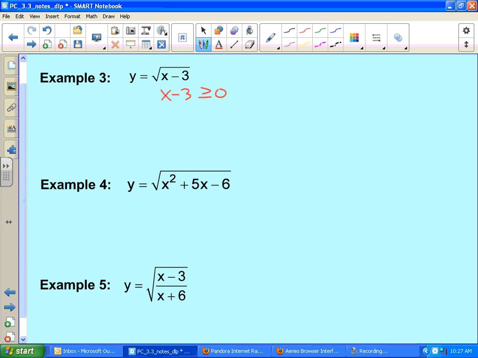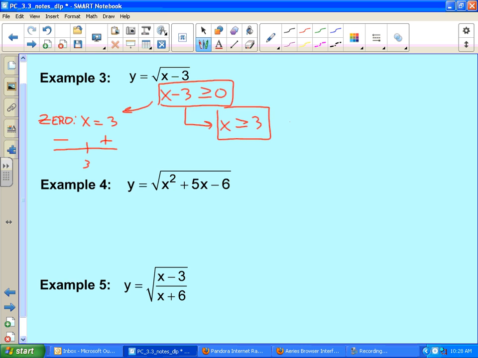You could look at this and say, that has a 0 at x equals 3, and then do your sign chart and test. If I test to the left of 3, at 0, I get a negative number. If I test to the right of 3, at 4, I get a positive number. But when it's only one x, you don't need the sign chart. Just solve this for x. X would be greater than or equal to 3. That is your domain.